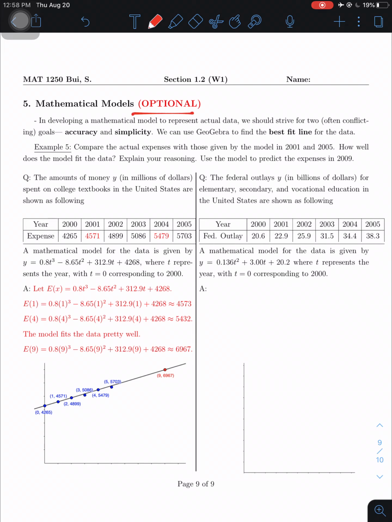I mean, you can read it for fun, you know, all this is relating to business calculus, so you might encounter it if you work for some fancy company in the future in the field. But I don't know, right? So that's why I put it optional, because it's not as important as the other objectives of the day. So you don't have to turn this into me. If you want, you can do it, but you don't have to turn it into me.